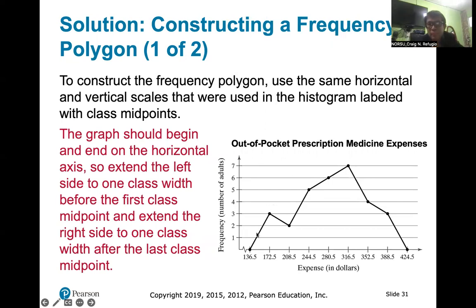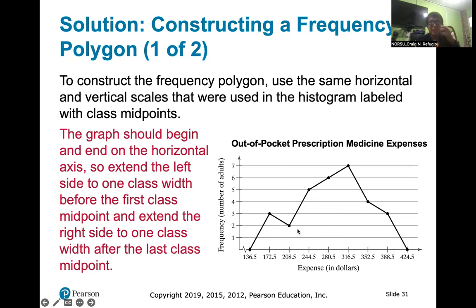So this one, 136.5. In the previous one, we have 172.5, but we go down. So we have 136.5. The last one is 388.5, but we go forward, 424.5.